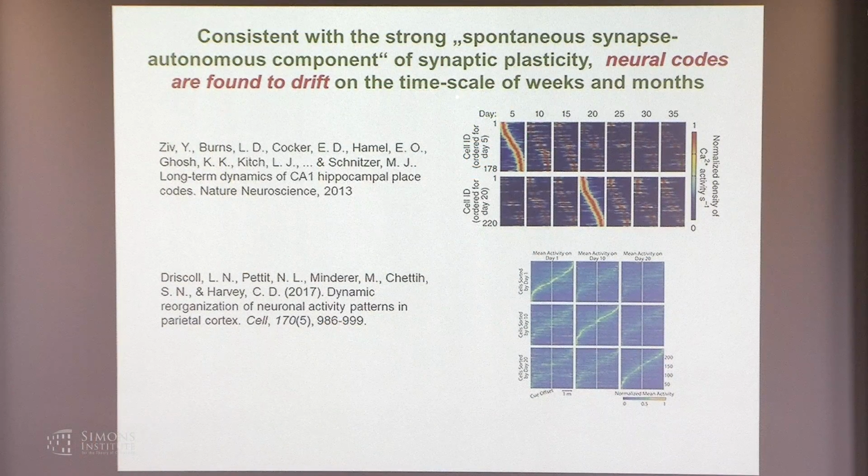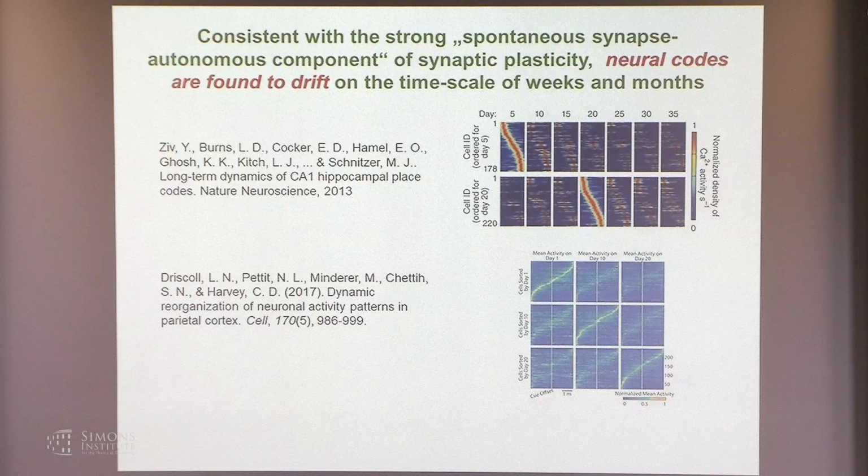So here a rodent runs through a linear track. On day 1 you sort them according to firing times, and when they run again through the same track 5 days later, you no longer find this. You find a new kind of linear relationship in the firing probability if you reorder them according to the firing time at day 20 when they run through the same track.